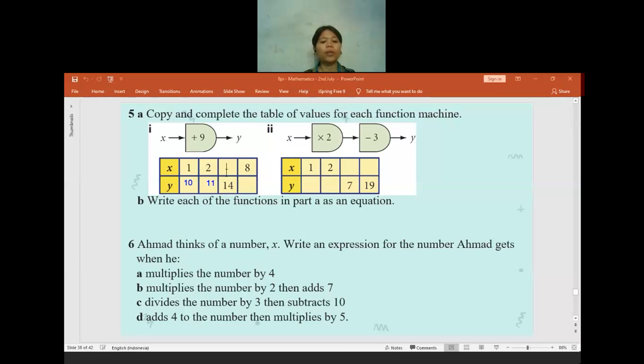The input will be 5. Good job. When the input is 8, how many is the output? 17. Okay. Is there anyone who is confused about the first diagram of the function machine? No? Okay. If no one is confused, let us continue to the second diagram.